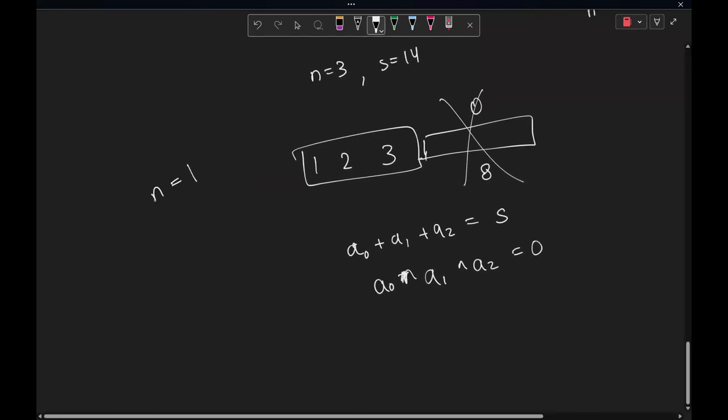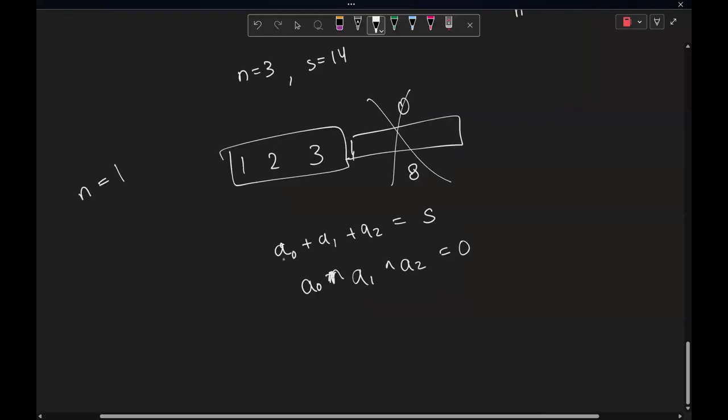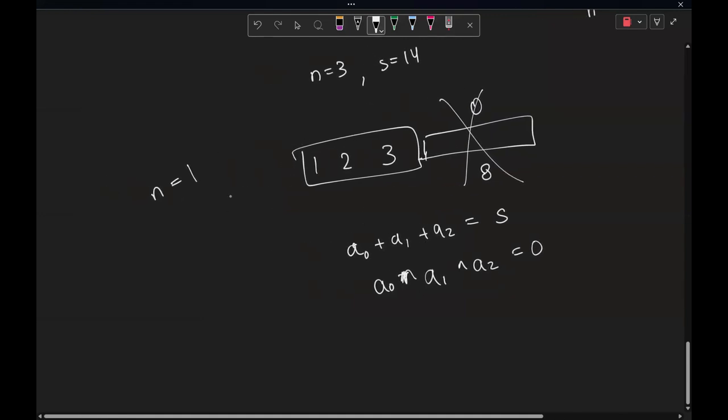N equal to 1 is also odd. I got this idea when I was thinking about n equal to 3. I got the idea, what if n is 1? In this case, the answer is easily -1, because whatever you put up, you will never be able to have the XOR as non-zero.